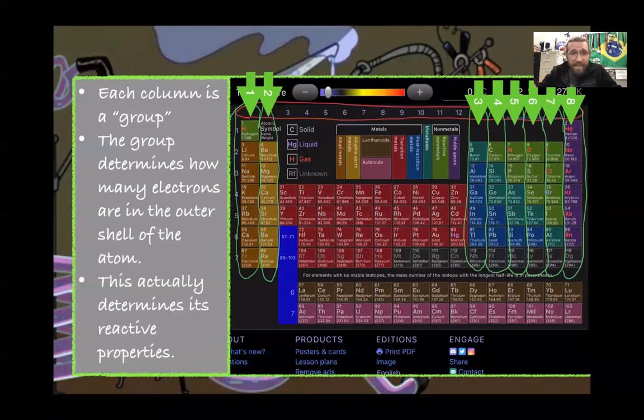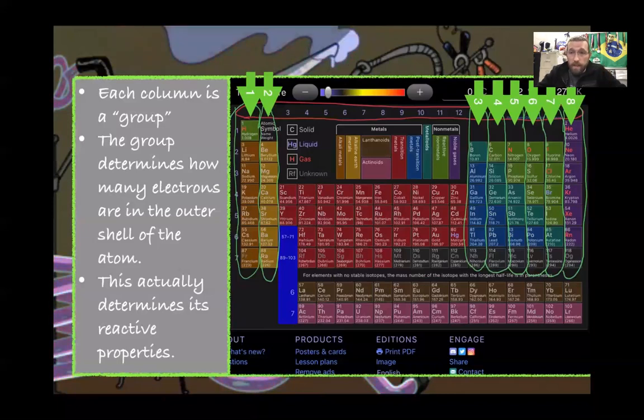So in the groups, or the columns here, what you have is an arrangement based on how many electrons are in the outer shell. So hydrogen has one shell and it has one electron in that outer shell.